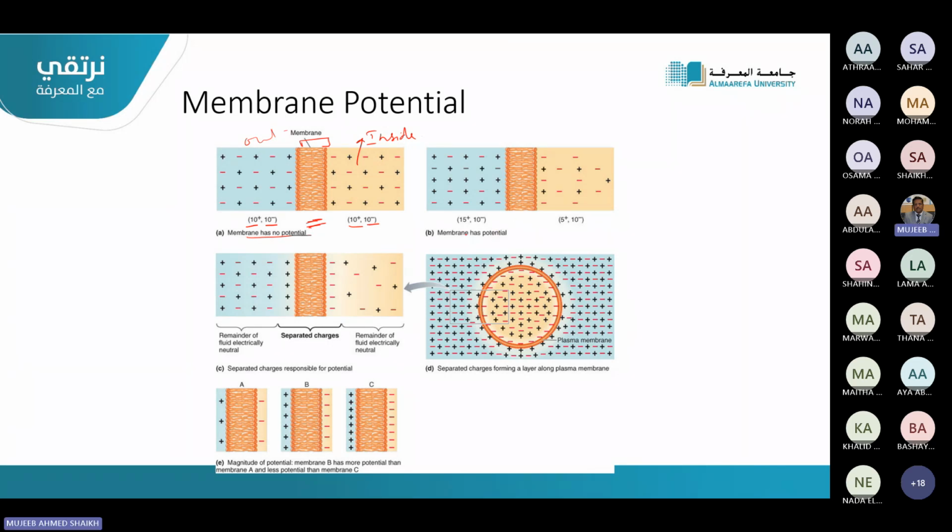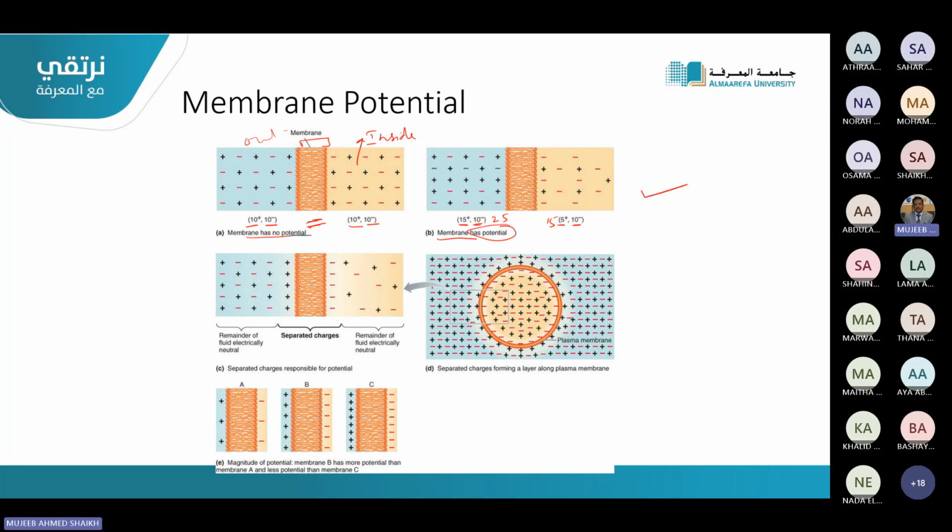Second example, B. There are 15 positive ions and 10 negative ions outside, whereas inside it is 5 positive and 10 negative ions. So there is some potential because of unequal distribution. Here the total number is 25, here the total number is 15, so 15 different in the number of ions. Also there is a difference in the positivity and negativity. That's why it will have potential.